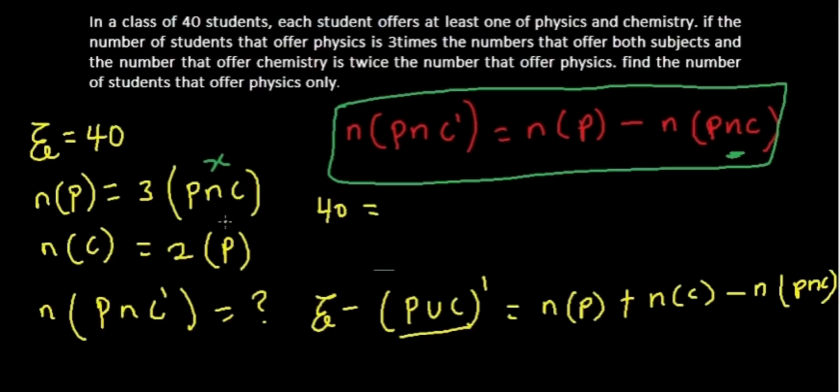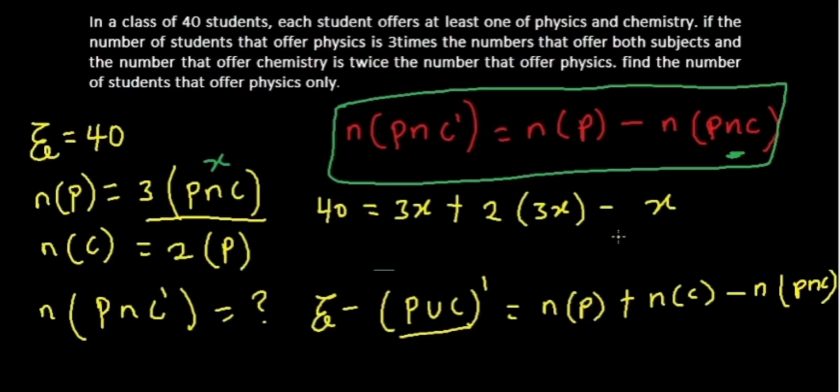Then we'll be having 3x, plus the number of C, which is 2p. What is my P? My P is 3x. Can you see that now? My P is 3x from this particular place, and this is 2p, that's C, minus P intersection C.